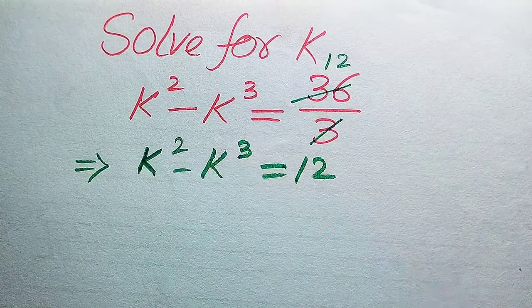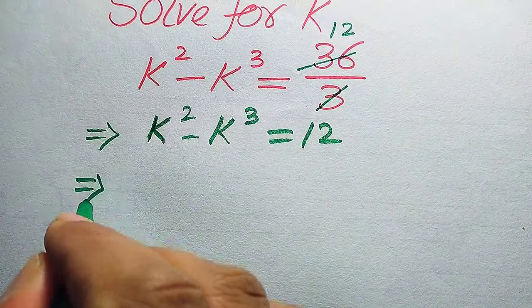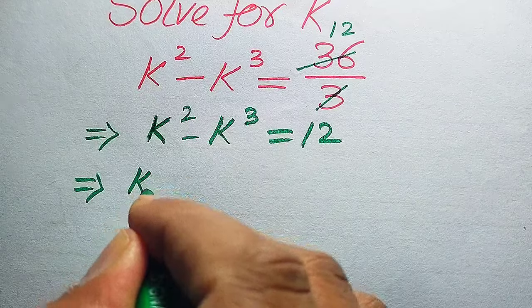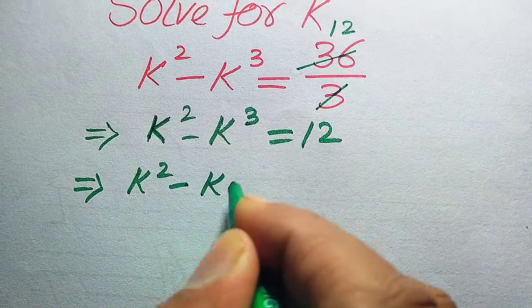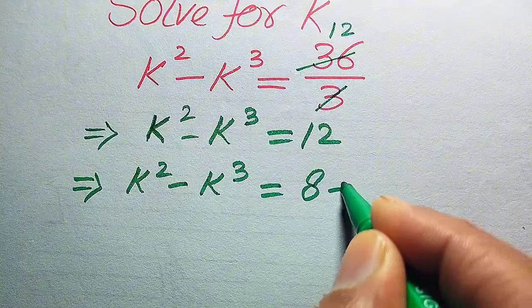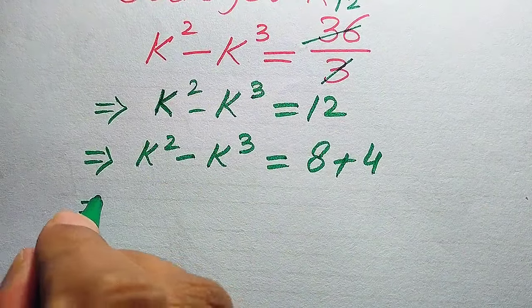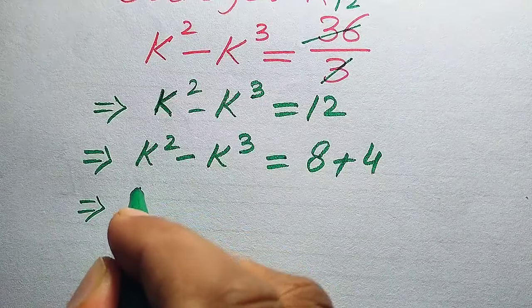Further, in the next step, we write this in a more simplified form. We break our right hand side, 12, and write it as 8 plus 4. Further, we write the right hand side in prime factors form.